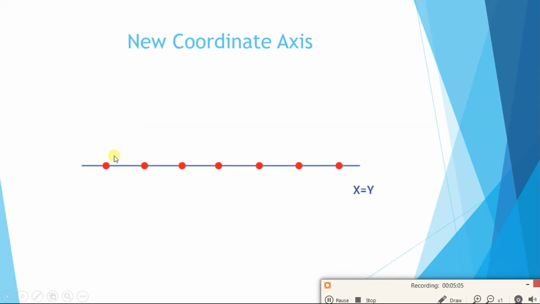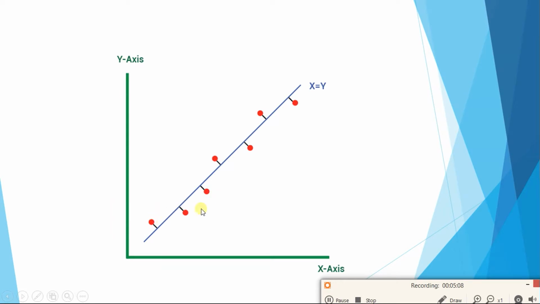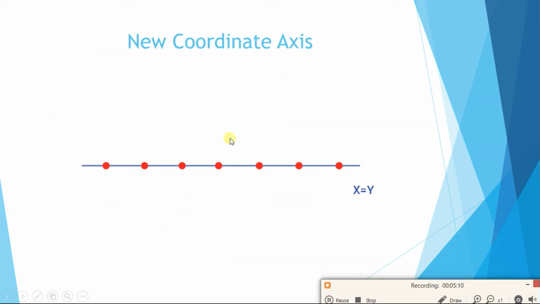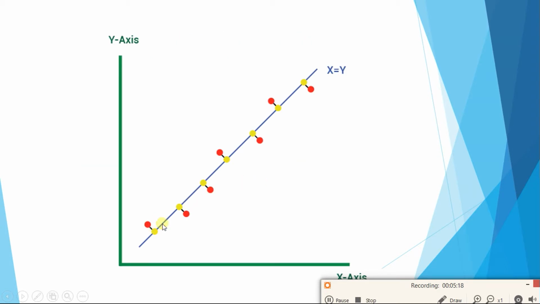After arranging those points on this line, we will get something like this. But if we want to recreate their original positions, meaning go back, they will be on this line, because we are only storing positions of points with respect to the maximum variation line, so we don't know their original positions. Our new coordinates will be these yellow points, but the original coordinates were these red points.